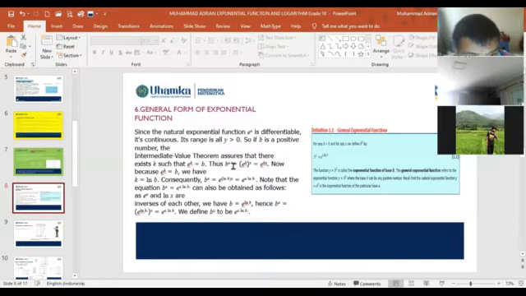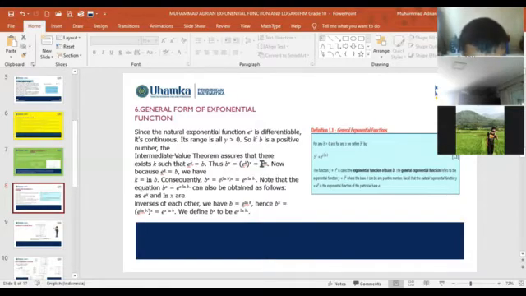Now because e power k equals b, we have k equals the logarithm of b. Consequently, b power x equals e power (logarithm b times x), which equals e power (x logarithm b).